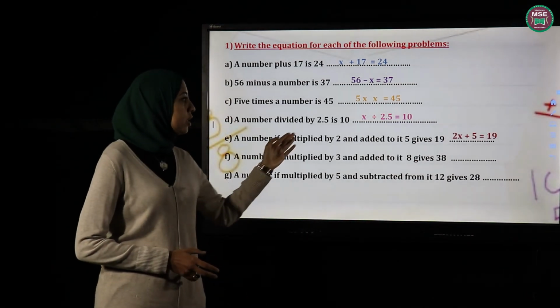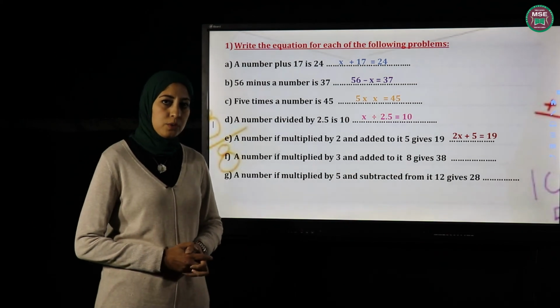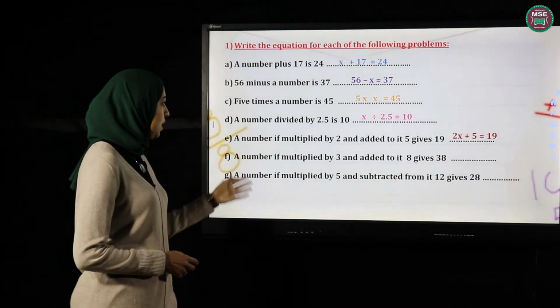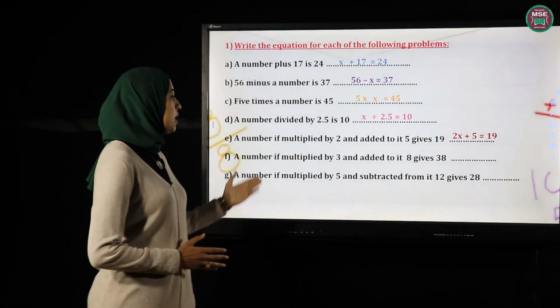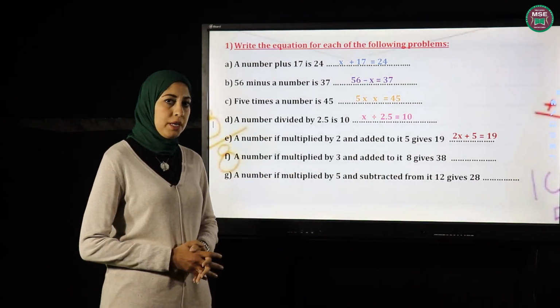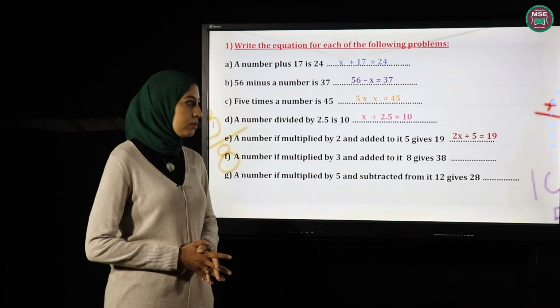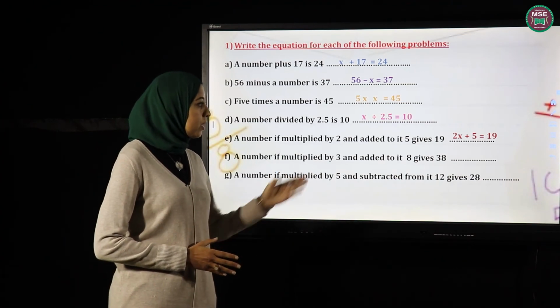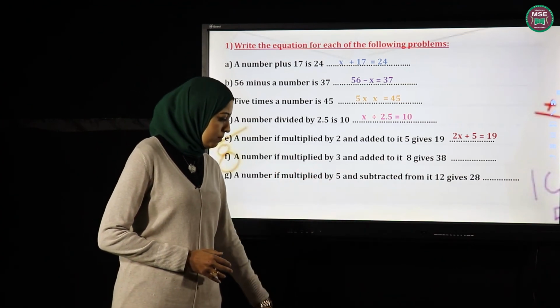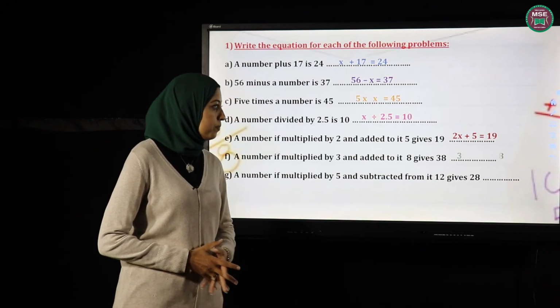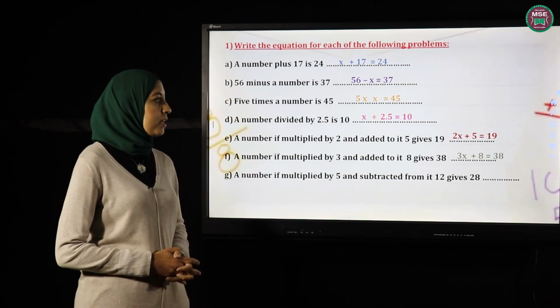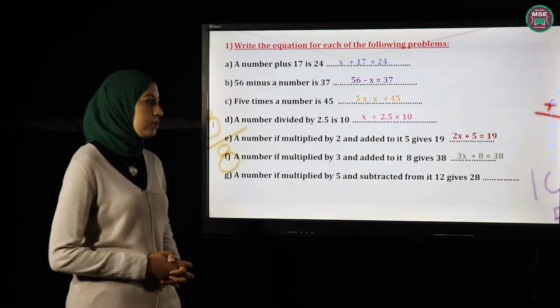Or I can write 2x plus 5 equals 19. A number, x, if multiplied by 3 means x times 3 or 3x, and added to it means plus 8 gives me means equal 38. It means 3x plus 8 equals 38.